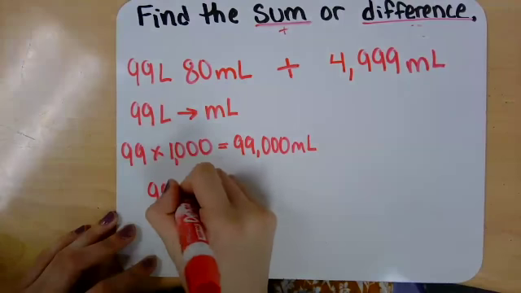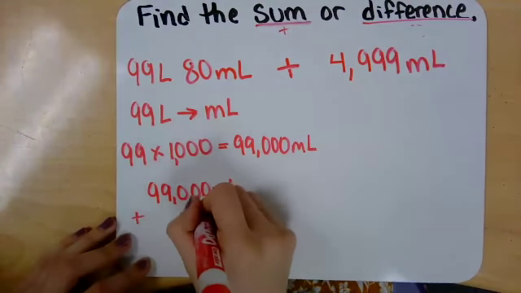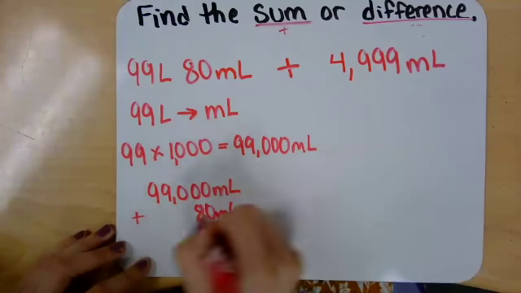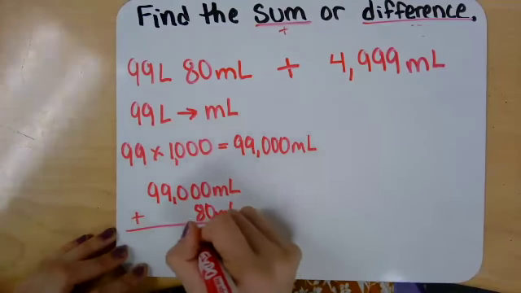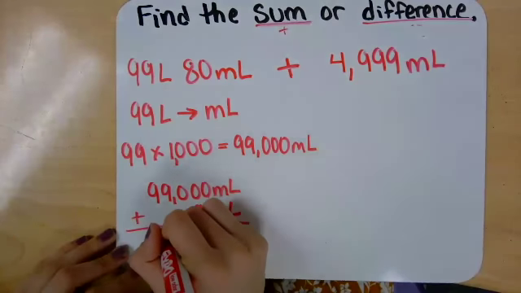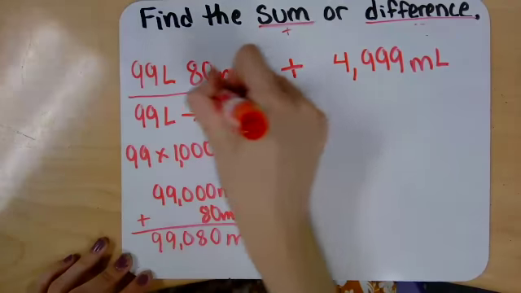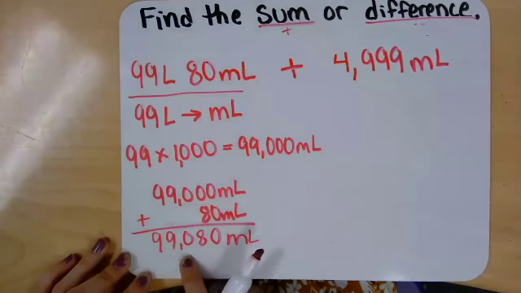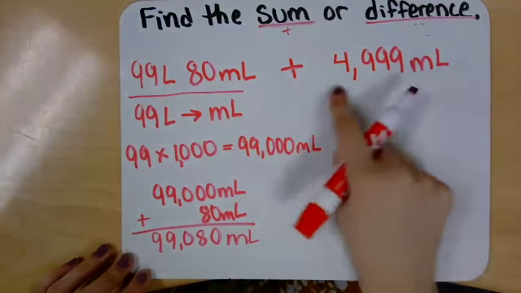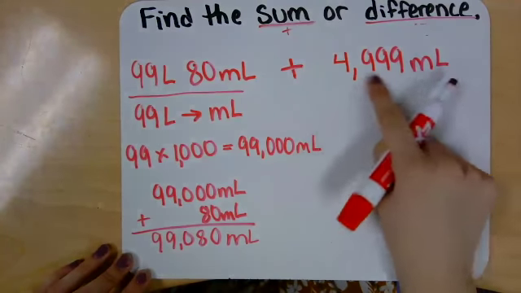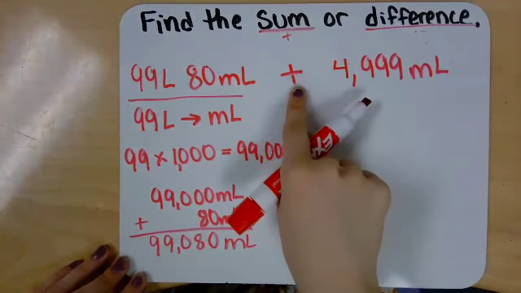So 99,000 milliliters plus 80 milliliters. Okay, we'll bring down our units, add everything up. Okay, so for this side, we get 99,080 milliliters. Okay, now this side, it's already in milliliters, right? So we don't have to change anything here.